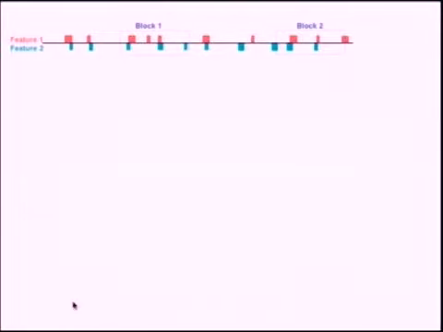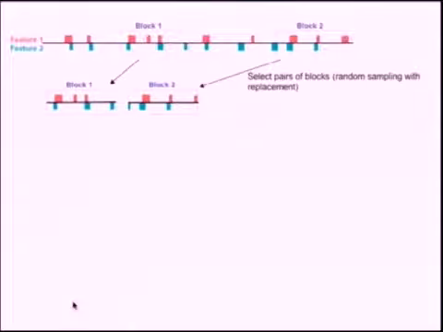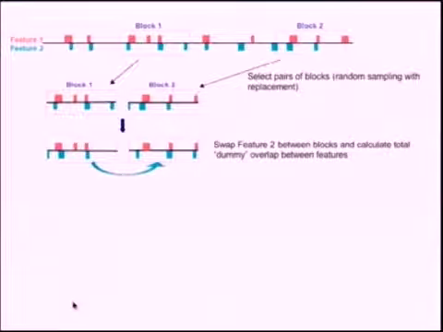And I tried to highlight this in graphic form in this next slide. Let's say you have these two features on the genome, feature 1 shown on the top of the black line, feature 2 on the bottom. You're randomly pulling sub-blocks from this genome and swapping feature 2 over here to create what we internally call a dummy overlap.